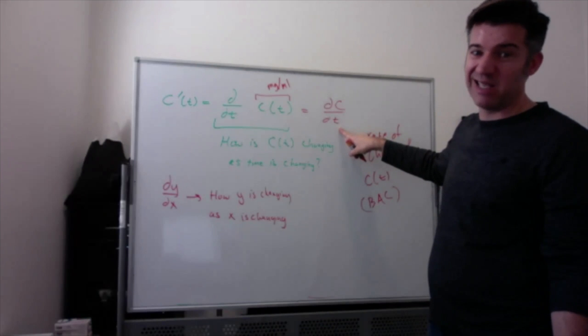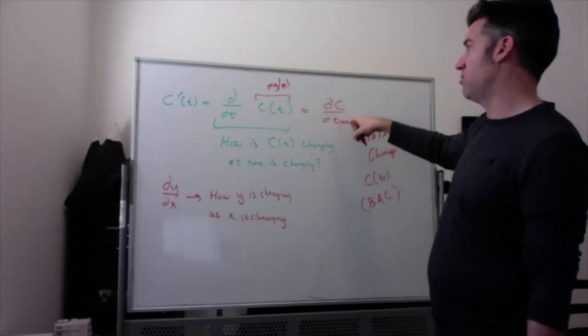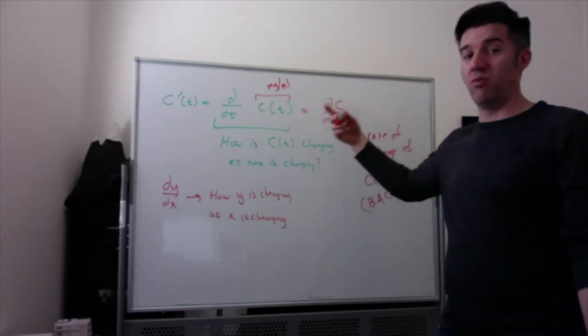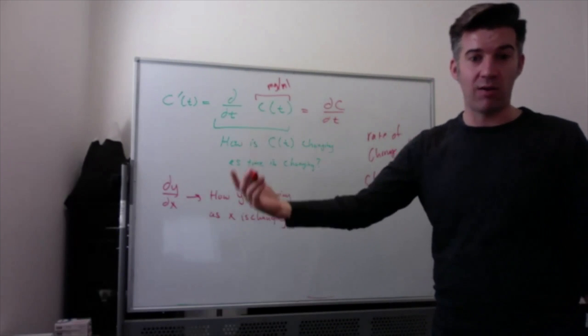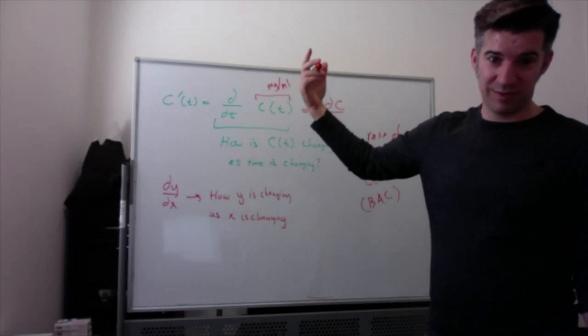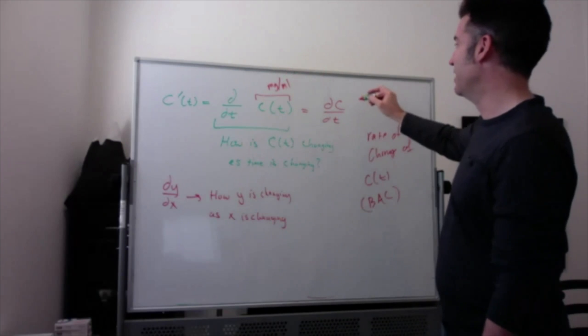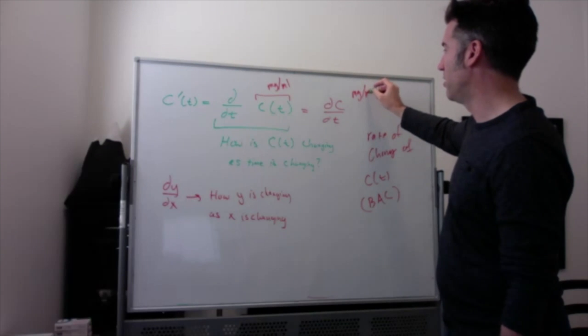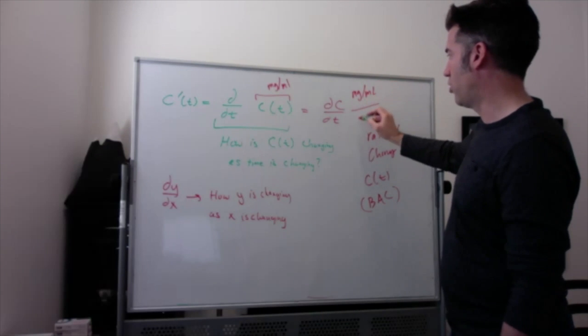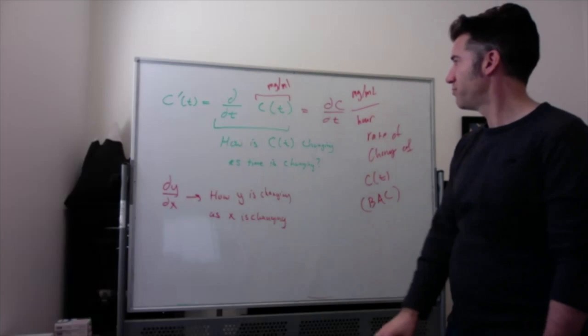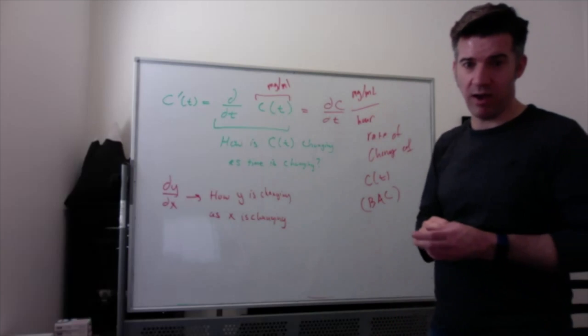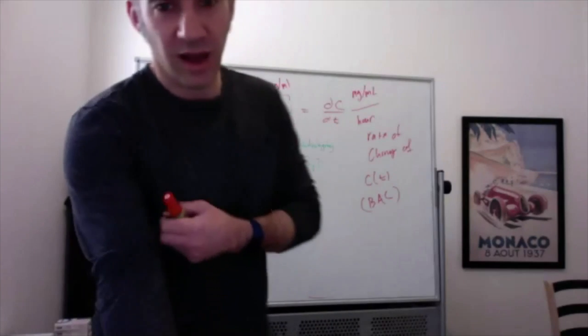I guess it's hours. So dC/dt, the rate of change of blood alcohol concentration, is milligrams per milliliter per hour. That's how you would answer the first part.